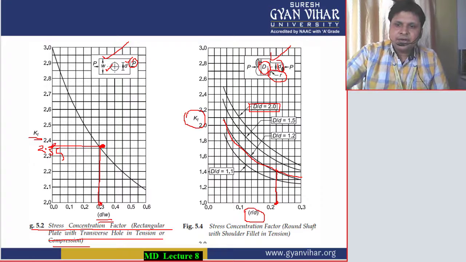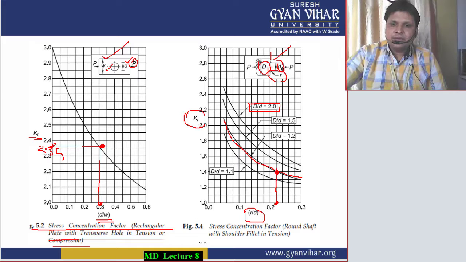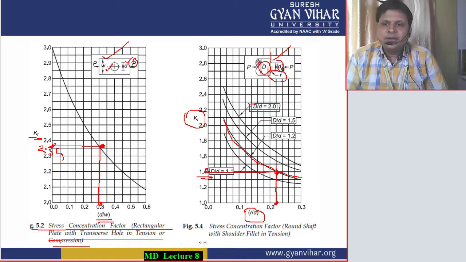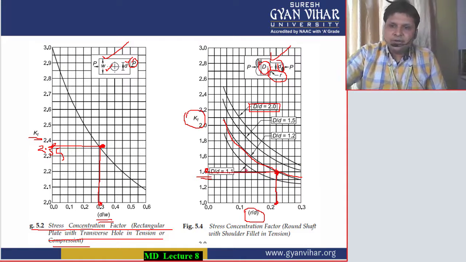Wherever this curve strikes the vertical line from 0.2, at this particular point, see in the horizontal line what value is given to you. If the value given to you is 1.4, this means that in this particular case the theoretical stress concentration factor KT is equal to 1.4. So in this way, the KT value can be calculated through the chart.